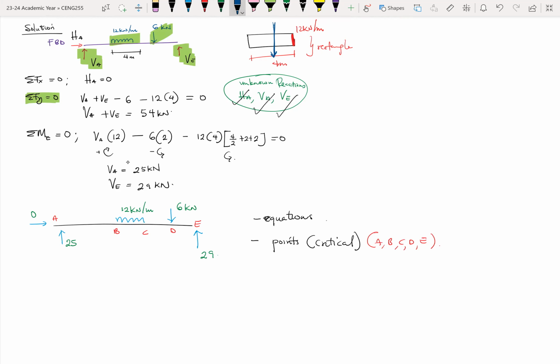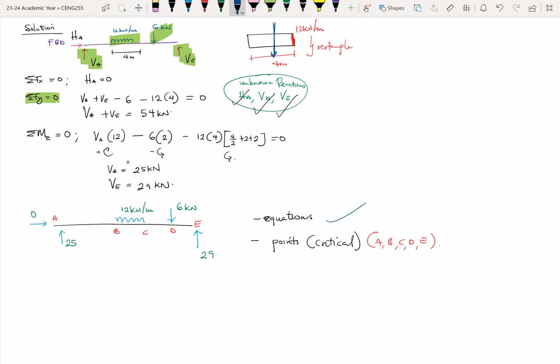Out of these two, the better approach is the equations method. The reason is because the equations method would help you to understand how all these equations are derived. Because some of the topics you come across, you'll realize that you cannot just use the points method to solve the problem.